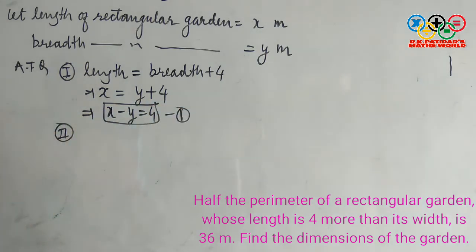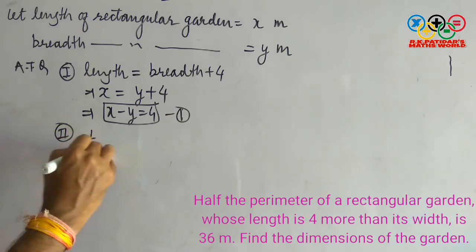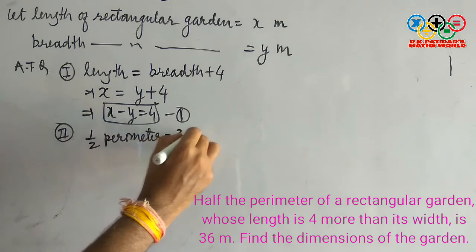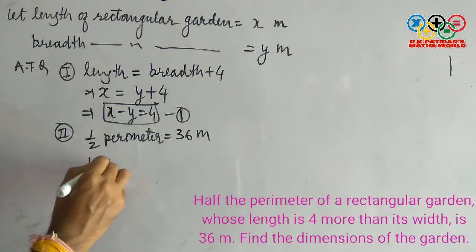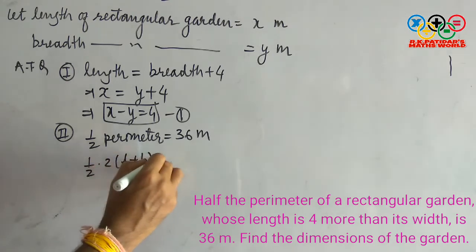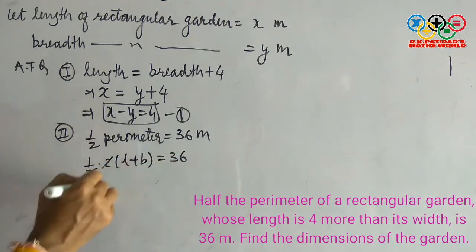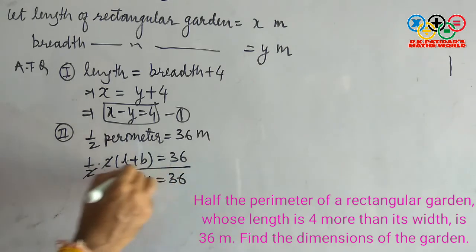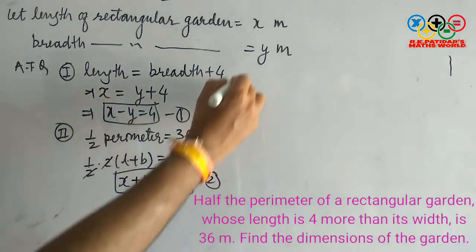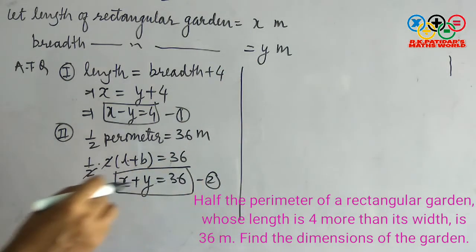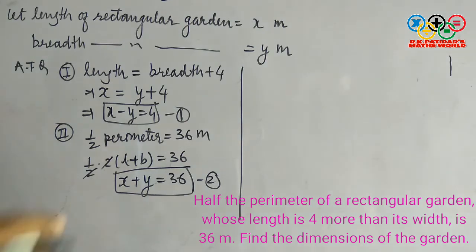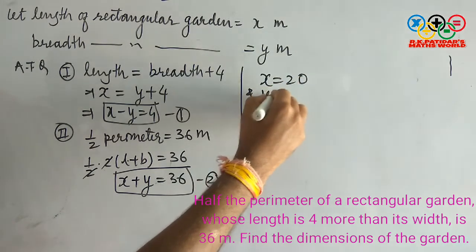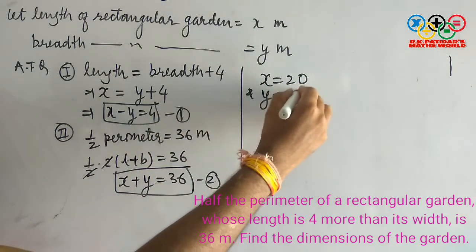Now also given that half of its perimeter is 36 meters, means 2 into length plus breadth, divided by 2, is equal to 36. 2 cancels, length is x, breadth is y, so x plus y is equal to 36. Easily we can solve these equations by elimination. If you solve by elimination, you will get x is equal to 20 and y is equal to 16.